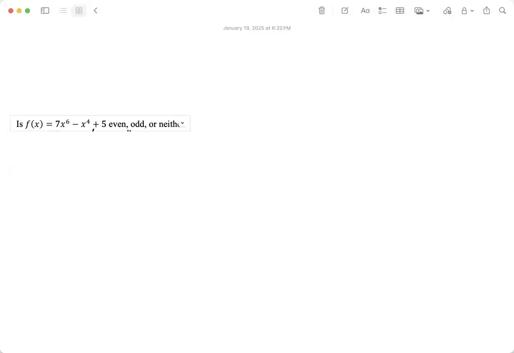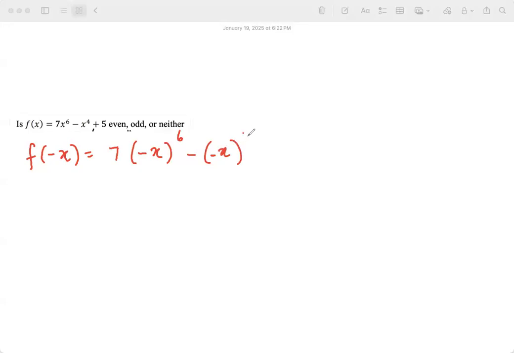Parvini, is that right? I doubt. Did you try f of minus x? Minus x power 6 minus x power 4 plus 5, right? Dhwani, is it neither?